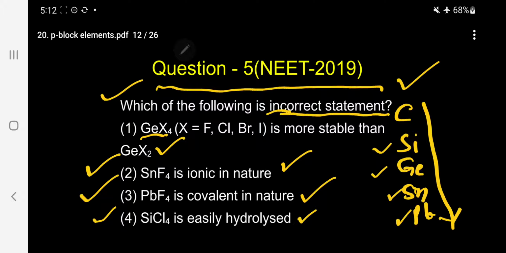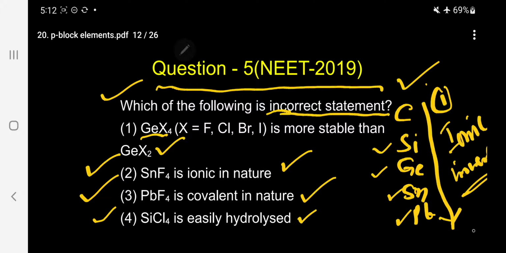So what is the general idea here? When you move down the group, ionic character increases. This is the general phenomenon in all the groups. When a compound is formed, the ionic character increases down the group. That is one important piece of information. And the other is, the higher oxidation state is more stable at the beginning, and when you move down, its stability decreases, whereas the lower oxidation state stability increases down the group.